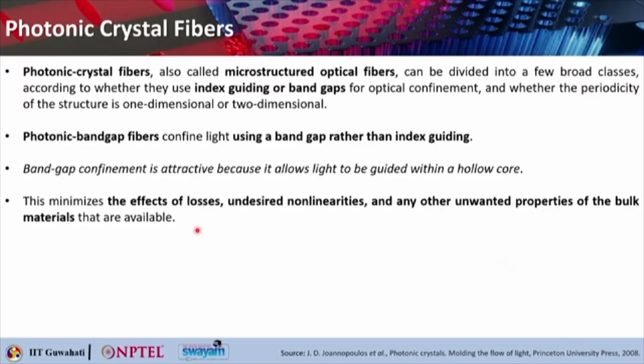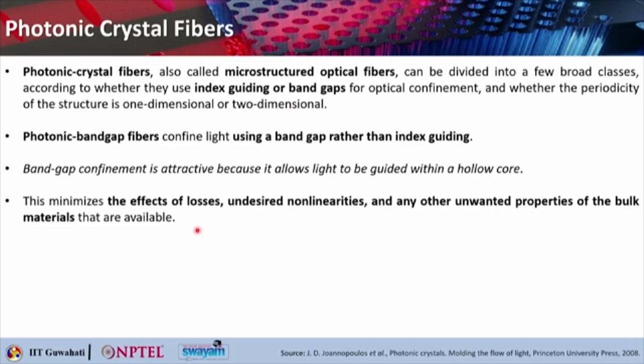Index guiding, if you remember, is the mechanism that relies on the manipulation of the refractive index profile within the fiber's cross section to confine and guide light. In contrast to conventional optical fibers, photonic crystal fibers utilize an engineered periodic arrangement of air holes of high and low index material to achieve the guiding properties.